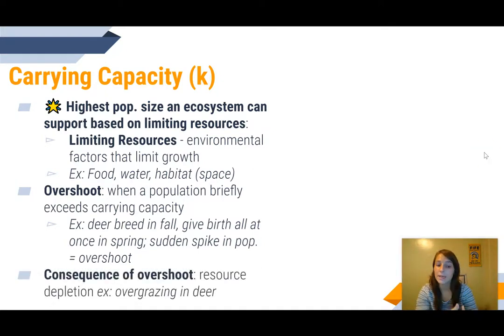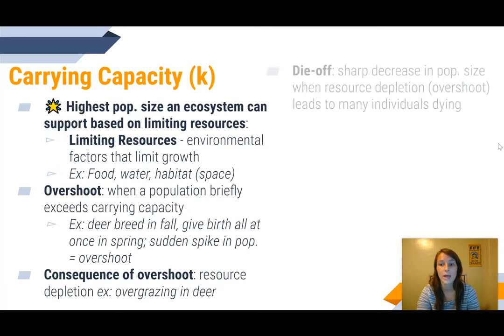Now, the problem is when you have this overshoot, the resources are depleted. So for this deer example, if we're having too many fawns, then we're going to have overgrazing, which means there isn't going to be enough grass to feed everybody. And that's going to be a consequence for that deer population.